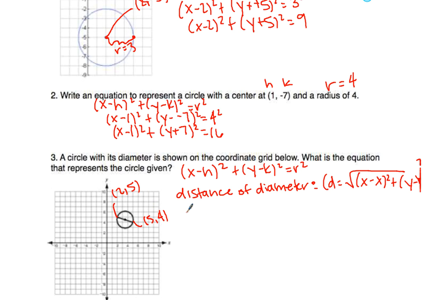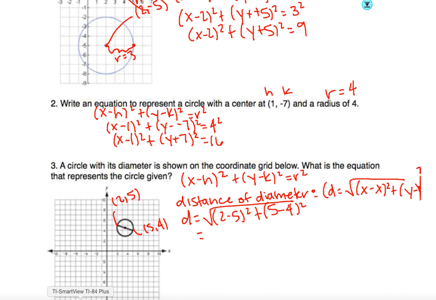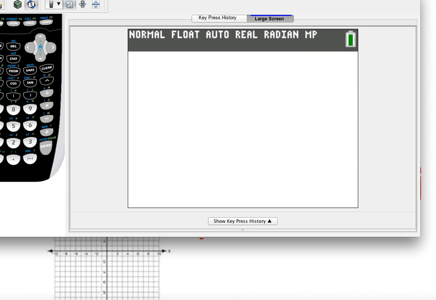So I'm going to say the distance is equal to the square root of (2 - 5)^2, because those are both my x coordinates, plus (5 - 4)^2. And you can find that by plugging all of that into the calculator. So you're going to do second x squared to get the square root.